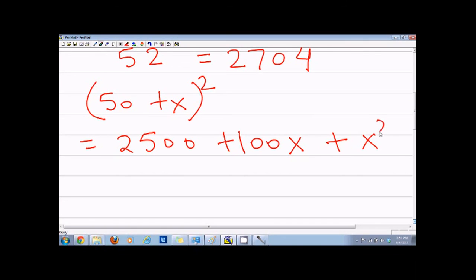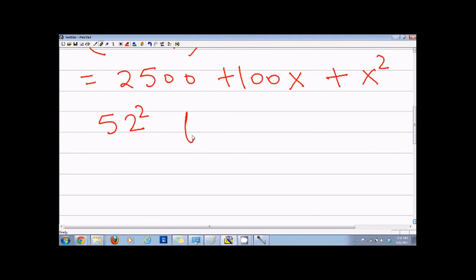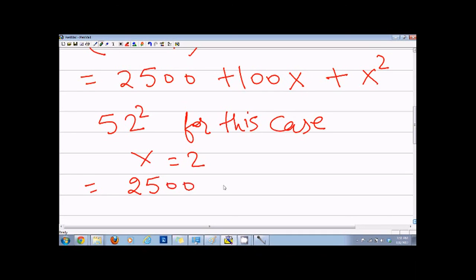So you can see that if I am taking the square of 52, then x in this case is equal to 2, and then you can go back to the equation and say 2500 plus 2 into 100 plus 2 square.